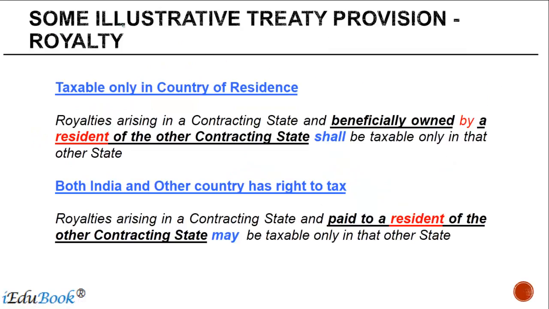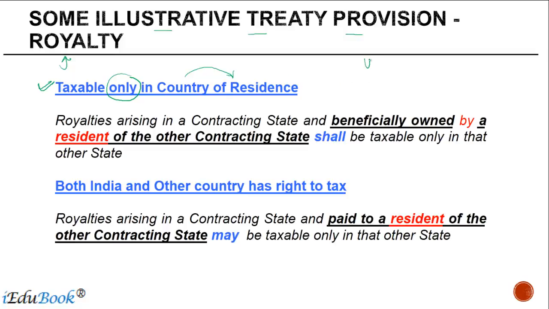Let us now look at some of the illustrative provisions in various treaties in respect of royalty. The first example we are going to see is a case where the royalty is taxable only in the country of residence.